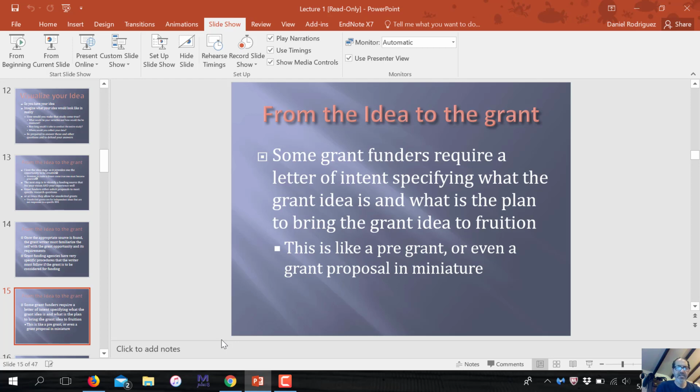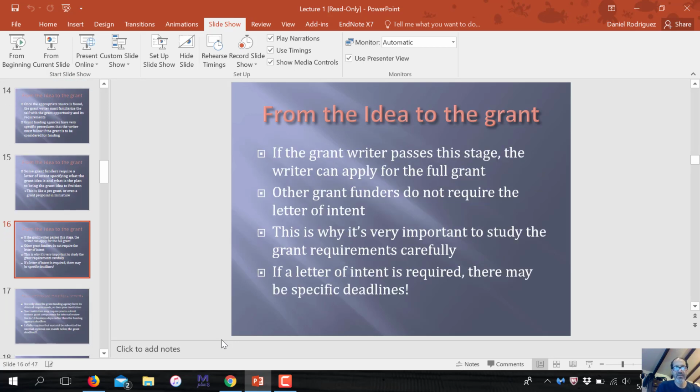In addition, there are some grants, like I see this a lot with the Robert Wood Johnson Foundation, where you have to write a letter of intent specifying what the grant idea is, and it goes through some kind of vetting, and then certain people are invited to apply for the grant.